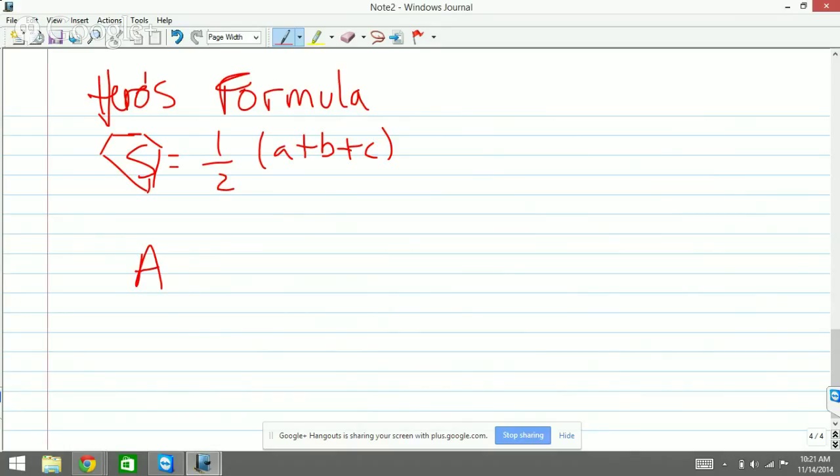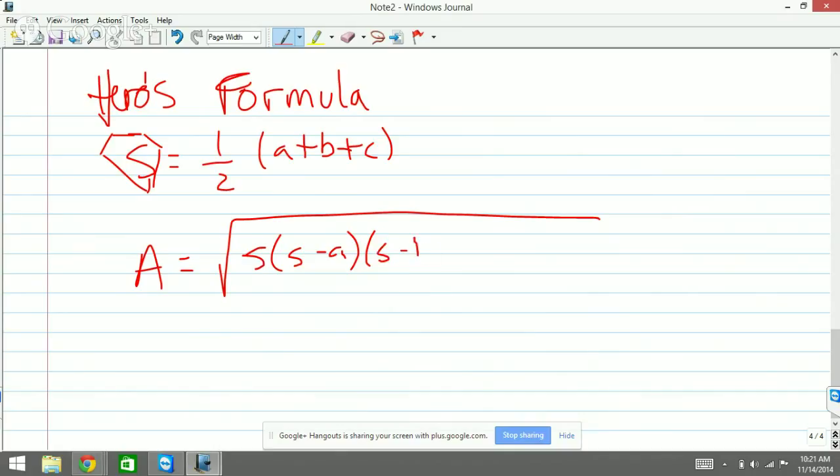Okay, the area is this. What is that? This is the area of any triangle. If you have 3 side lengths, you have to calculate S first.